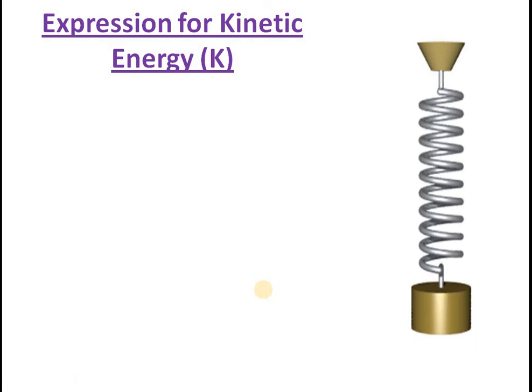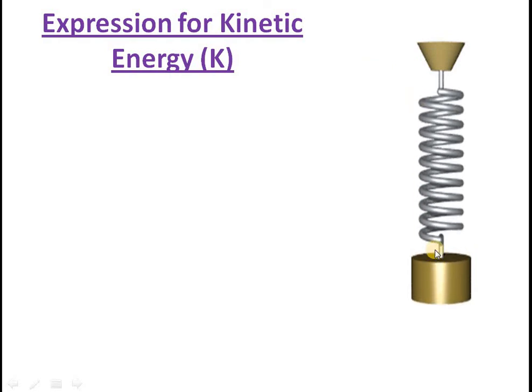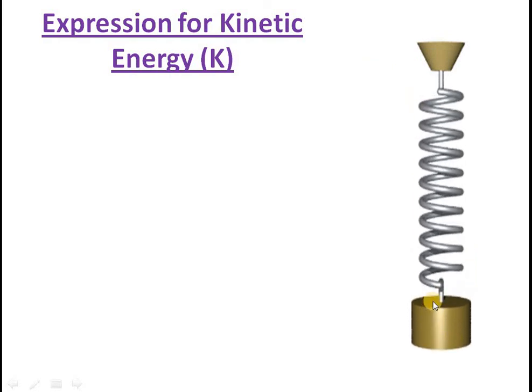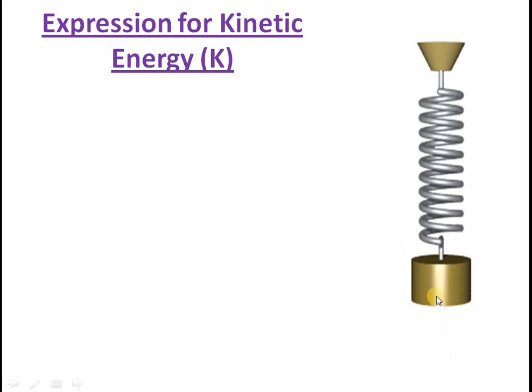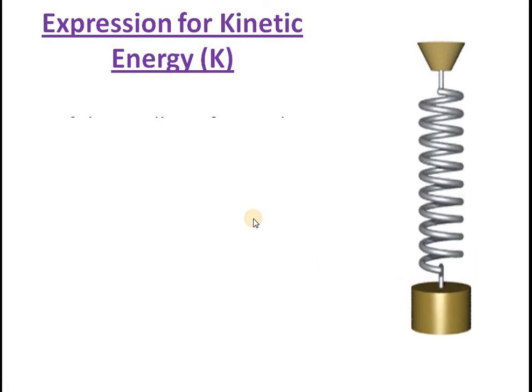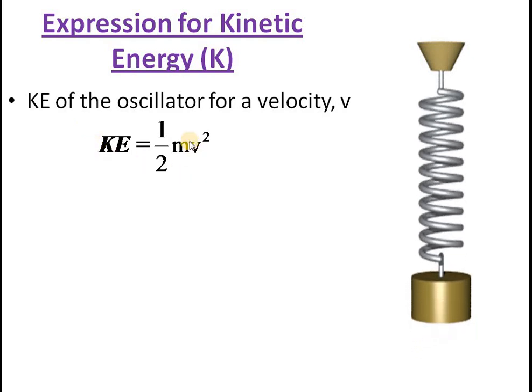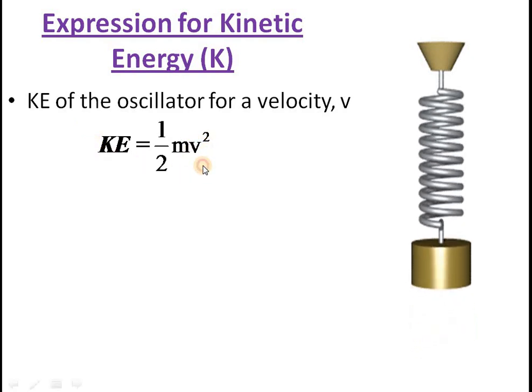Now comes the kinetic part. As far as we know, when the oscillator is oscillating, it is moving with some definite velocity. Obviously, the velocity changes with respect to time. Still, we can find the kinetic energy, because the kinetic energy expression is given by half mv square. Here, the velocity part we derived last time.